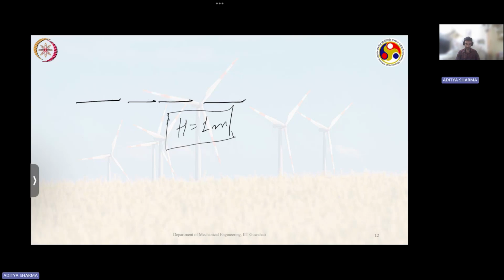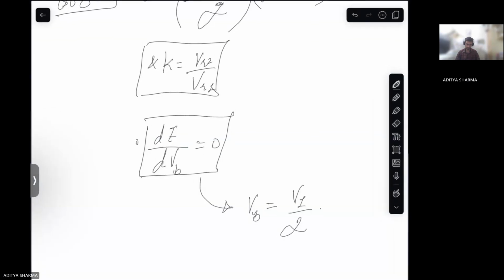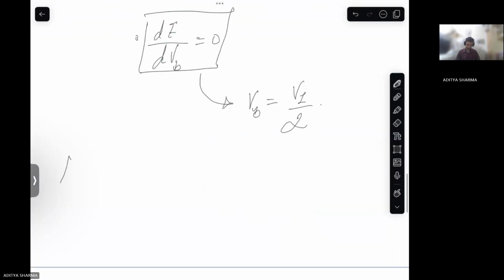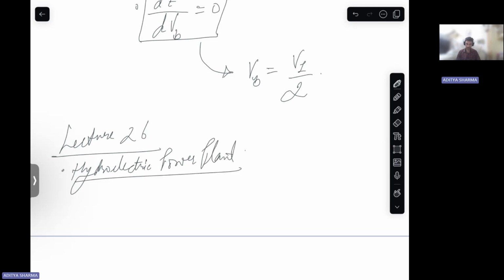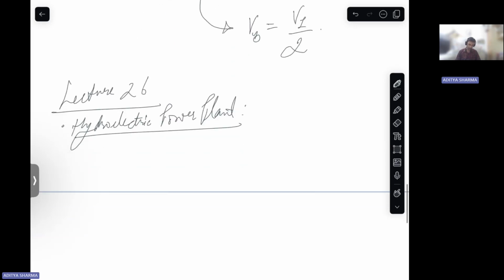Then let's see the topics. So hydroelectric power plant, this is basic from the previous lecture. And what is your water power? We know.